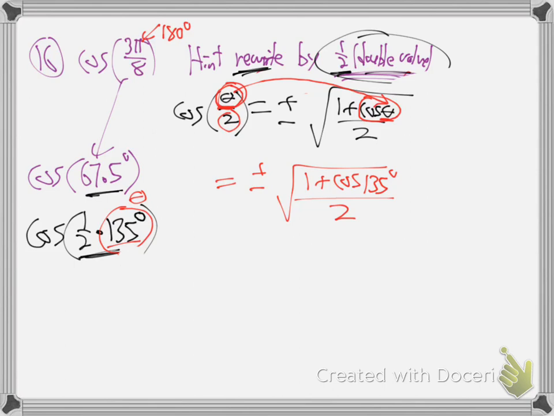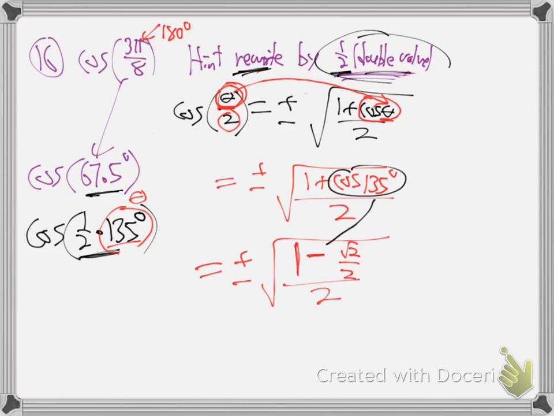If you go to the unit circle, I don't want to use up any more of our time. It's going to be root 2 over 2. You good to there? It would be negative root 2. Oh, it is. It's negative. Thank you. So that'll be negative root 2 over 2. Everybody good so far? Negative root 2 over 2.